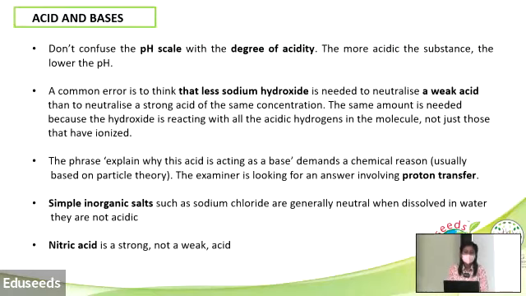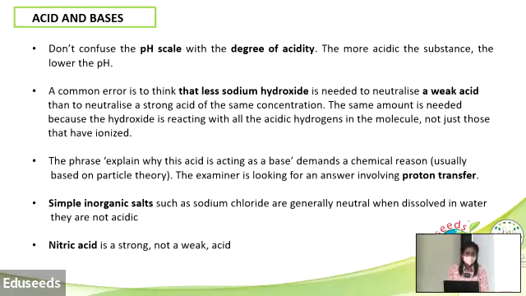Now for acids and bases, you should not confuse the pH scale with the degree of acidity. The more acidic the substance, the lower the pH. It means the strongest acid has a pH value of 1 and the strongest alkali or base has a pH value of 14.